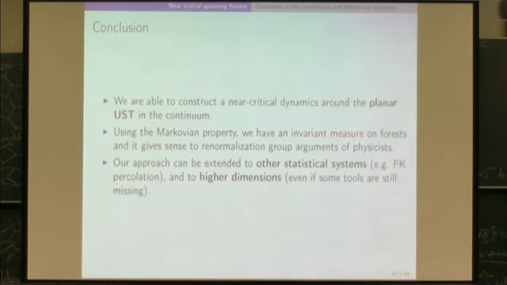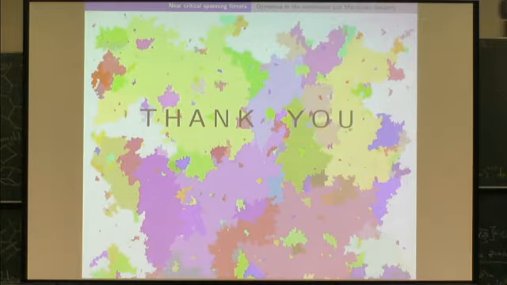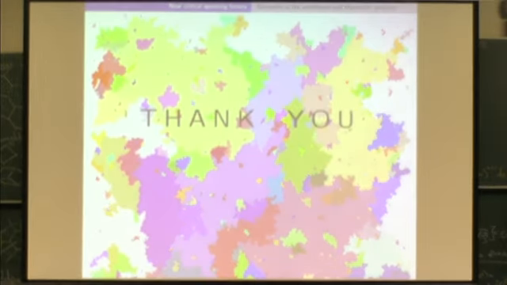And so, as Wendelin said, the plan would be maybe to extend this approach to other statistical models like FK percolation, and, in a much longer term, I guess, to higher dimensions, because for the moment, of course, we have no tools to deal with higher dimensions. Okay, thank you for your attention.